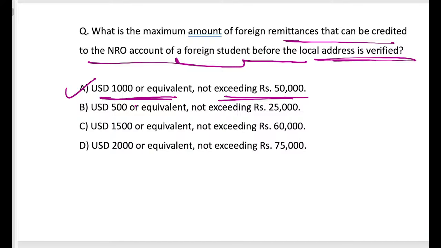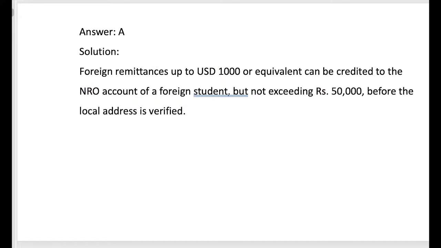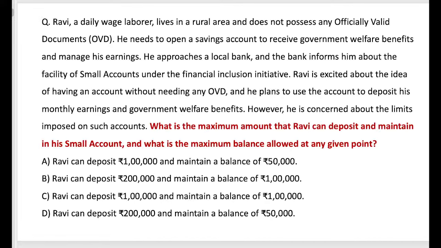Equivalent means, let's say if that person is living in Europe, then $1,000 equals how many euros? That is the amount. So option A will be the right answer for this particular question, right? Okay, next one.